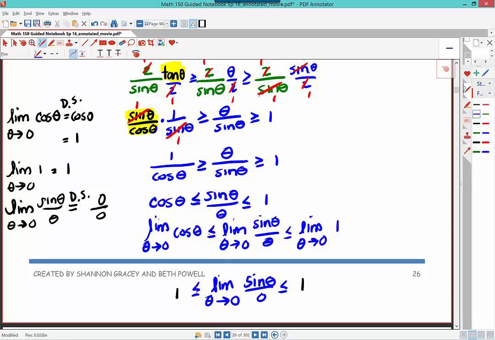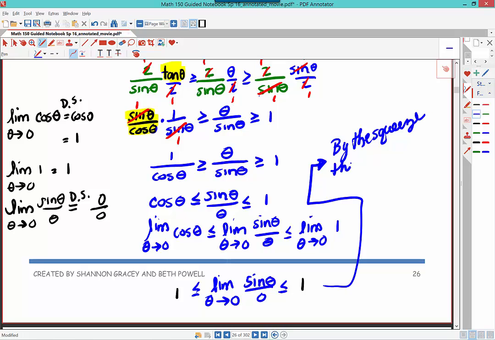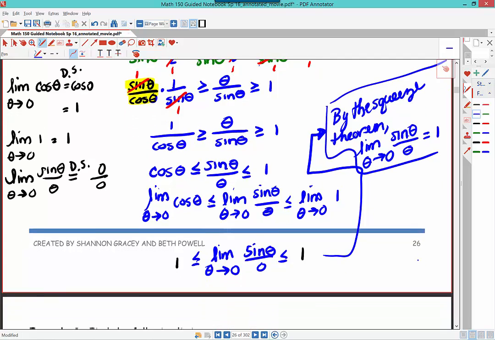So at the end of the day, by the squeeze theorem, the limit as theta approaches 0 of sine theta over theta has to also be equal to 1. Isn't that awesome? I love that one, using the different areas.